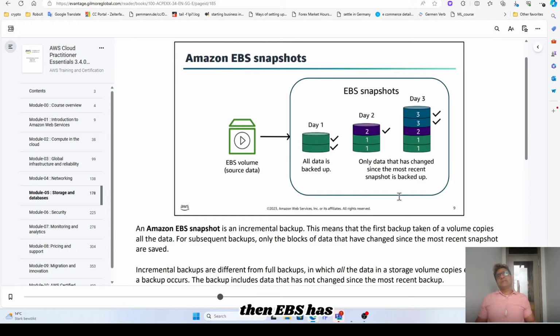Then EBS, the block system, has a very beautiful service which backs up your data every day, for example, or you can periodically back up your data. But backing up is sometimes costly because you're storing or copying your data again and again.